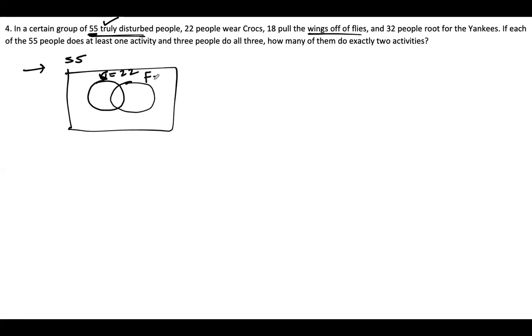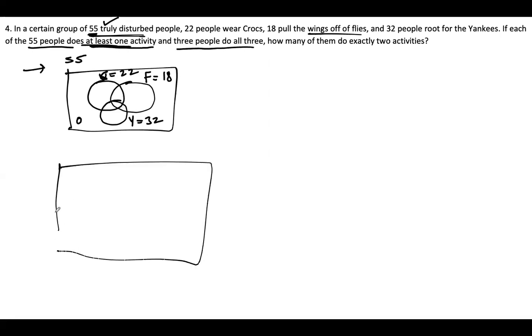I'm writing flip-flops as F. And 32 people root for the Yankees, so Y is 32. If each of the 55 people does at least one activity, this means none is again 0. And 3 people do all 3. Just let me make a bigger diagram.